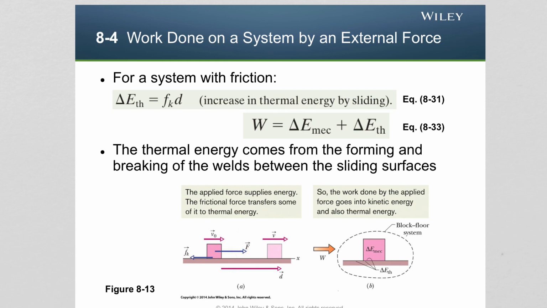So the force F does work W. And this work will go towards the change of the mechanical energy of the system, and then a portion of that work will go towards the change of the thermal energy of the system, which is equal to the work done by the kinetic friction. In this particular example, because we have only horizontal motion, the work done by the applied force goes into kinetic energy and also thermal energy.